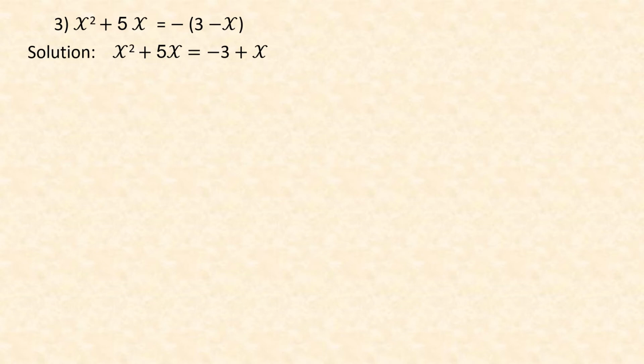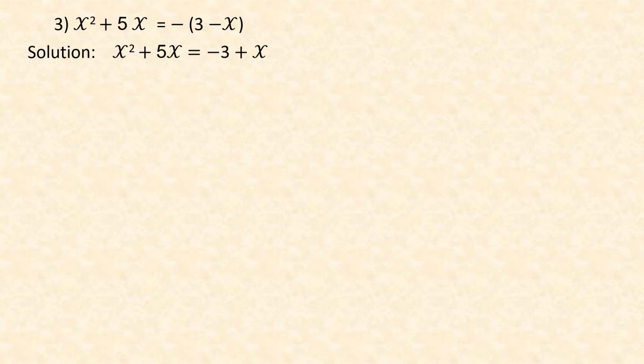When we solve the bracket, if there is a minus sign before the bracket, the signs will be changed. Here 3 is plus 3, that becomes minus 3, and x is minus, that becomes plus x.